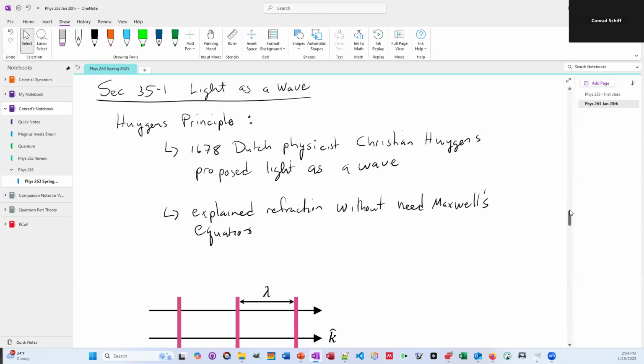All right, Huygens principle was proposed in 1678 by the Dutch physicist Christian, I think, Huygens. And when he proposed that light is a wave, it allows us to explain refraction without needing Maxwell's equations, because of course, Huygens lived 200 years approximately before Maxwell had his stroke of genius.